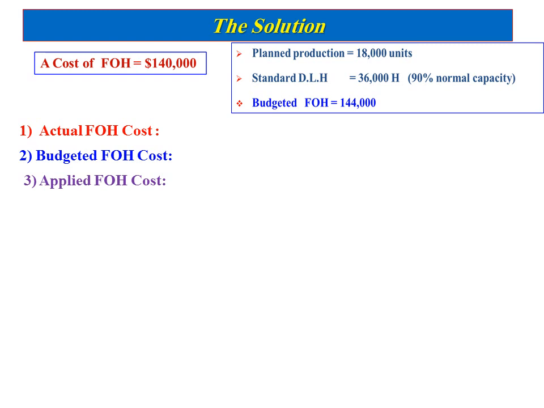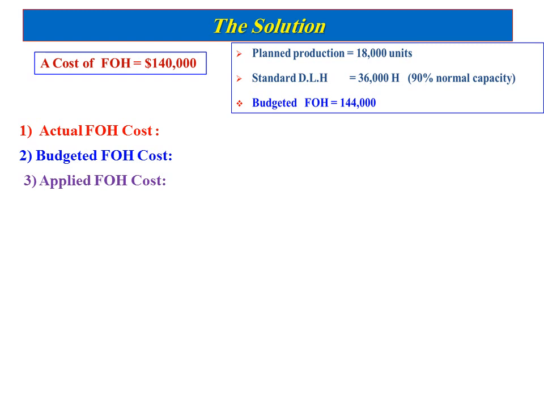In direct material, direct labor, in variable overhead, up till now I don't speak about normal capacity. What is my problem? Your problem will be only when you analyze the fixed overhead. In fixed overhead, you need actual fixed overhead costs.